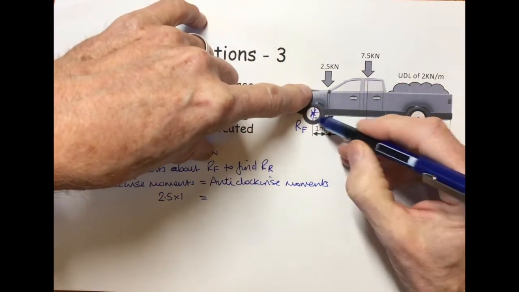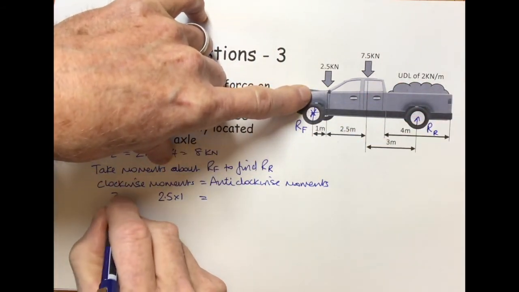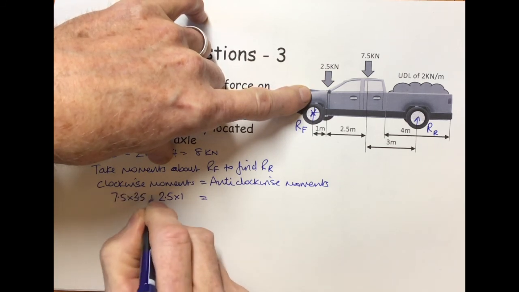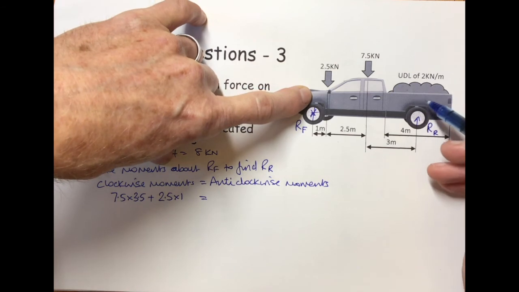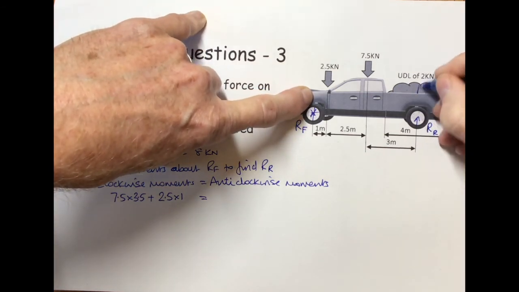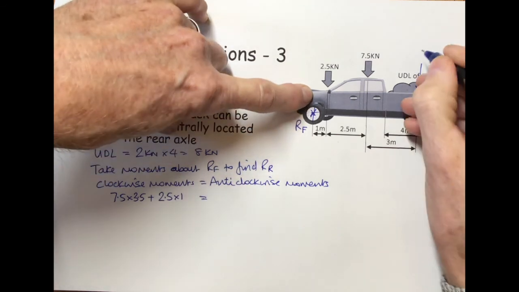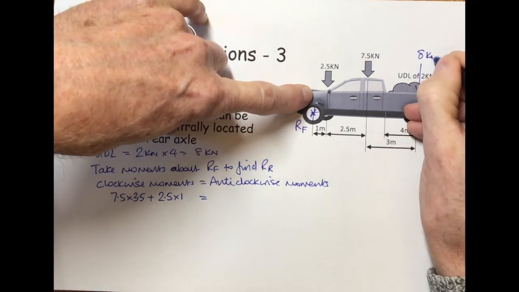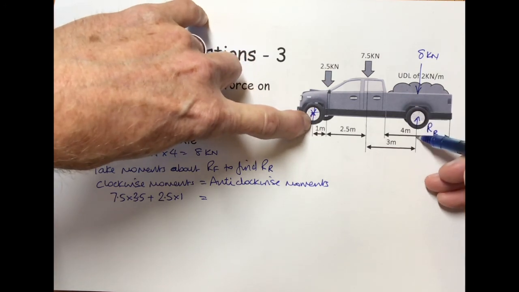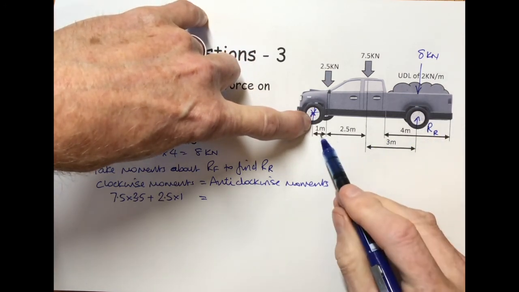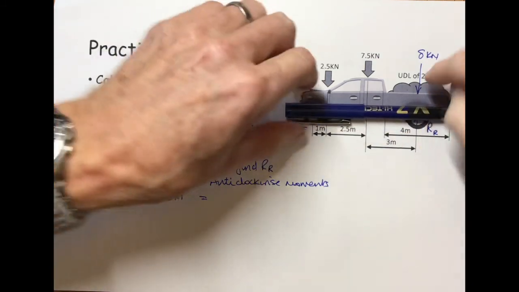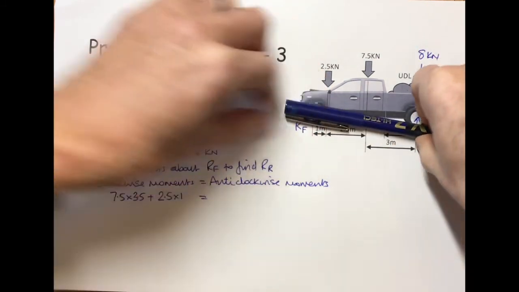So that's 7.5 times 3.5. And then the other load we've got is the UDL, which we now know is considered at 8 kilonewtons, and that's over the rear axle, 7.5 metres from there. So that again is pushing in a clockwise direction.